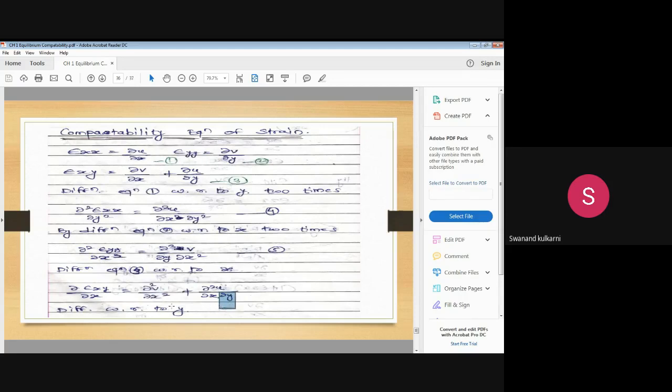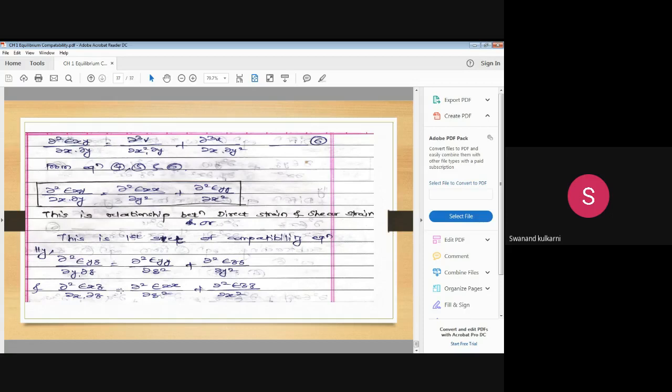So after differentiating with respect to y, this term will be ∂y². For here ∂x² is already present, this will become ∂y. So ∂³v/∂x²∂y, and ∂³u/∂x∂y².